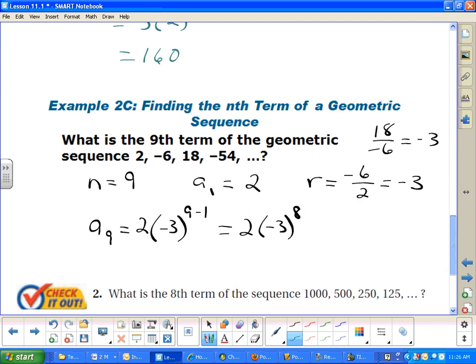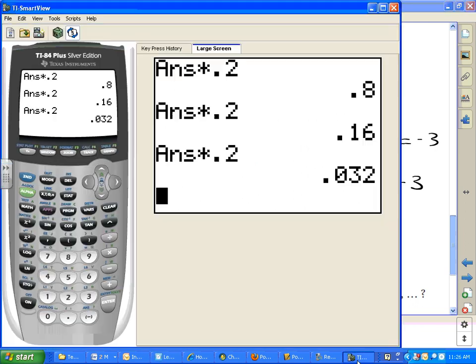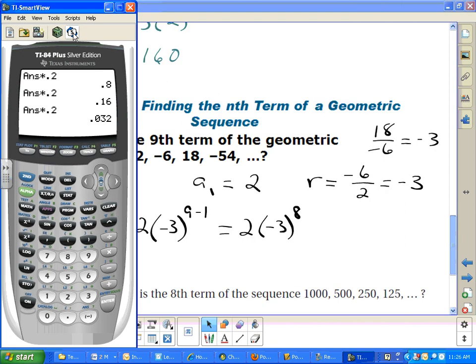So let's look at the difference if we do it on a calculator. So we got 2, parentheses, negative 3 raised, how about one parenthesis? There we go. Negative 3 raised to the power of 8.